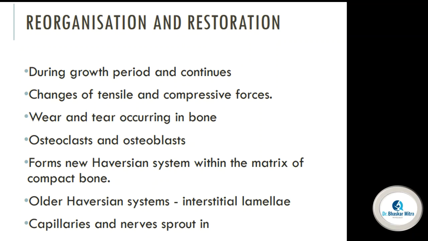Osteoclast and osteoblast both act side by side in reorganization and restoration. Osteoblast puts down the bone matrix, osteoclast does the resorption and removes the excess and unwanted things. New Haversian systems develop. Older Haversian systems show interstitial lamellae. Capillary and nerve sprouts pass through this Haversian system and give the proper blood supply to the reorganized bone.